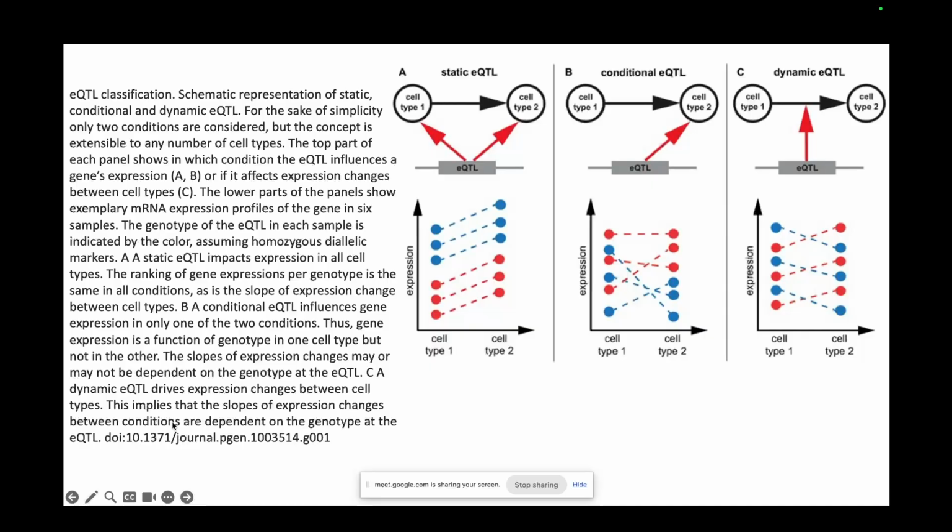A dynamic eQTL actually drives expression changes between cell types. This implies the slope of expression changes between the conditions is dependent on the genotype at the eQTL. Again, biologically, this eQTL can be contributing to a lot of things going on in the cell, directly or indirectly.